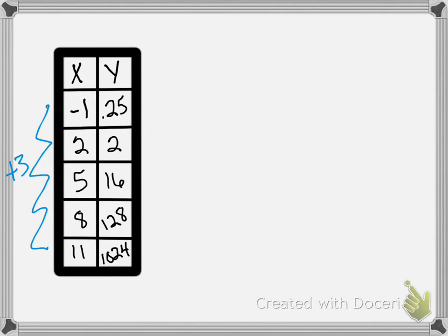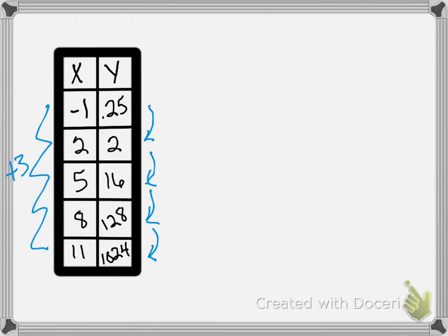So let's actually do that part now. When we're looking at our y values, we see that they are increasing, so this table does show exponential growth. Then you've got to find two numbers next to one another where you can tell pretty easily how one number is being multiplied to go to the next.